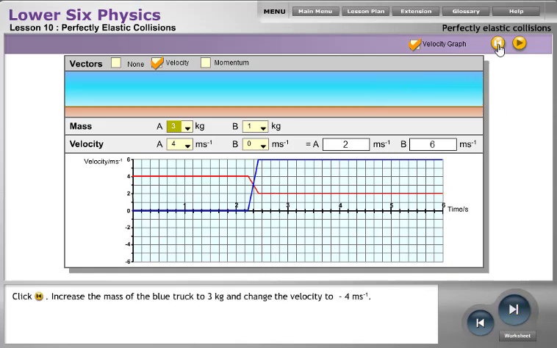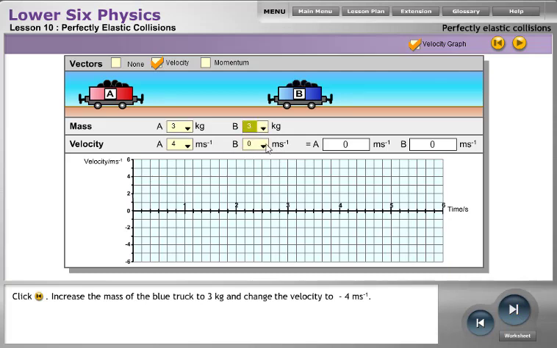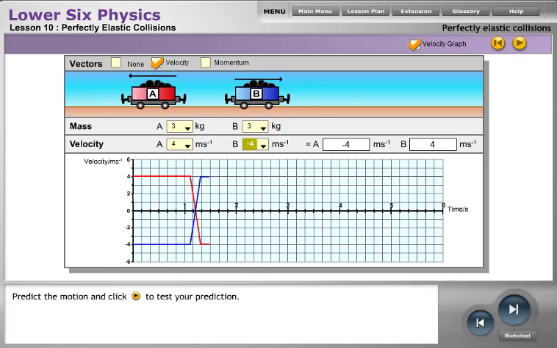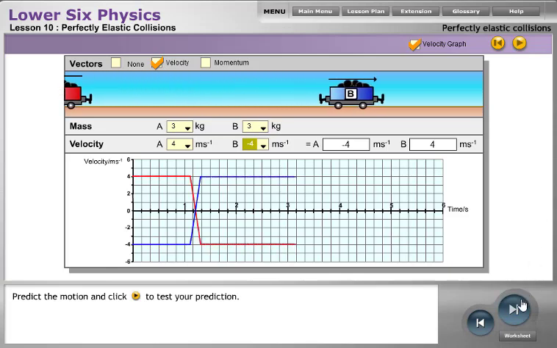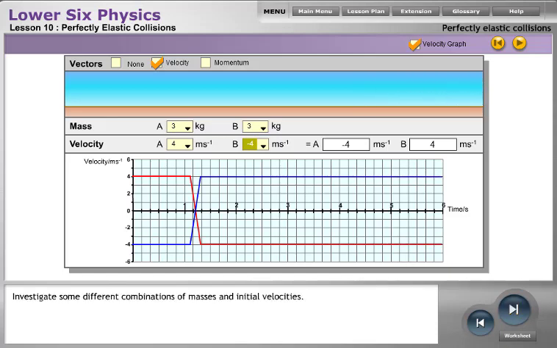Click Reset. Increase the mass of the blue truck to 3 kilograms and change the velocity to negative 4 meters per second. Predict the motion and click Start to test your prediction. Investigate some different combinations of masses and initial velocities.